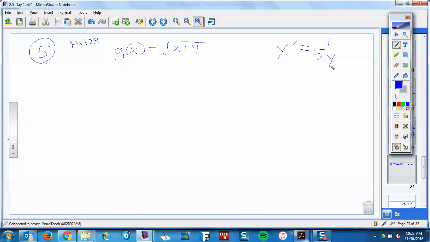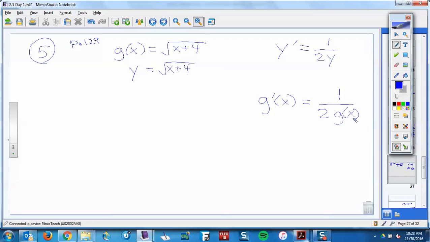To see if this is a solution, we need to plug something in for y and something in for y prime to see if it is. Now, they confuse you a little bit by calling that g of x. Well, that's the same as just calling it y. That's what they mean, right? They could have written this differential equation as g prime of x equals 1 over 2 g of x.